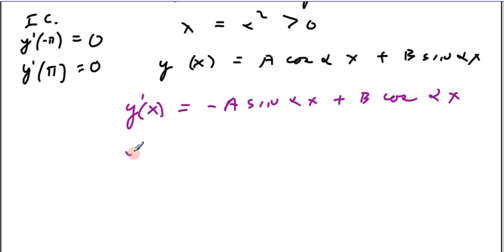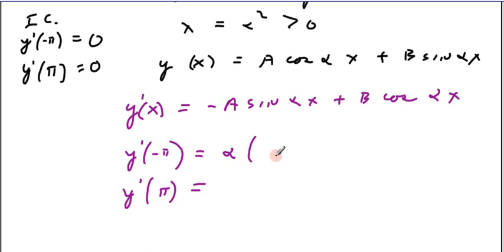And we look at y prime at minus pi and y prime at plus pi. Okay, so we see that we have a alpha sine alpha x plus b alpha cosine alpha x, and that's going to be 0.